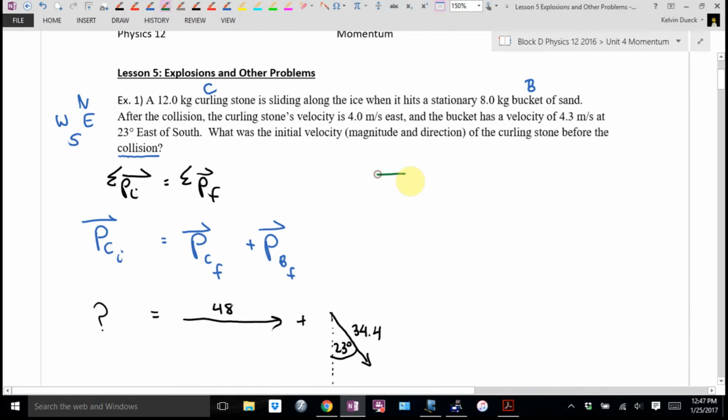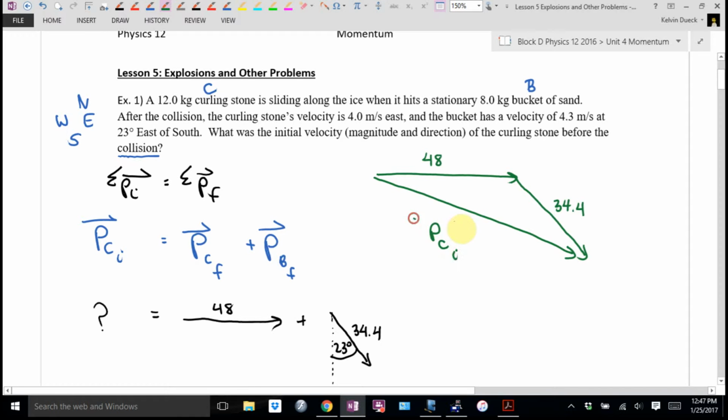I'm going to go 48, and then 34.4. As a picture, I'm pretty sure that that bottom arrow there is what the curling stone came in at. And once you've drawn that triangle, put your pencil down for a second and look up.